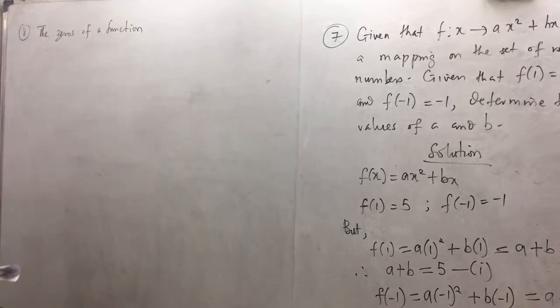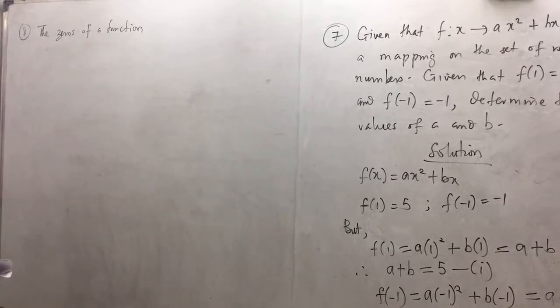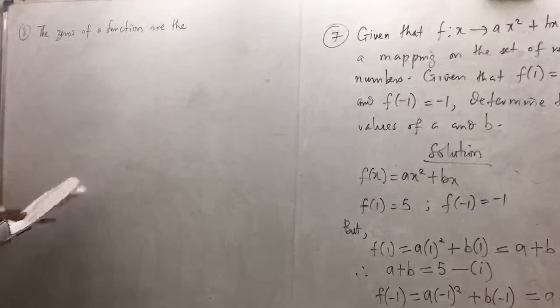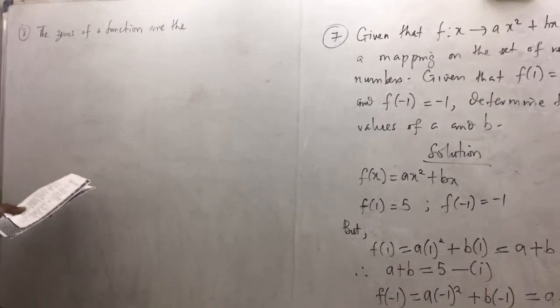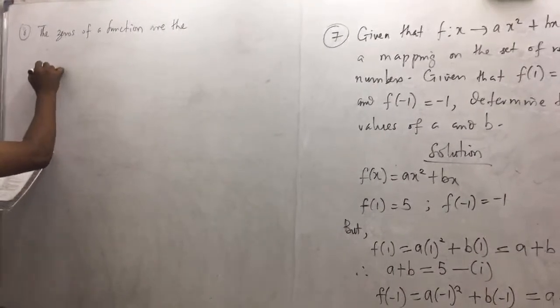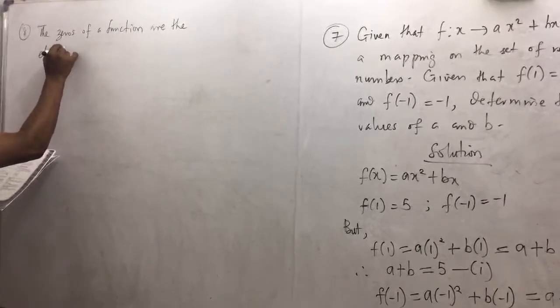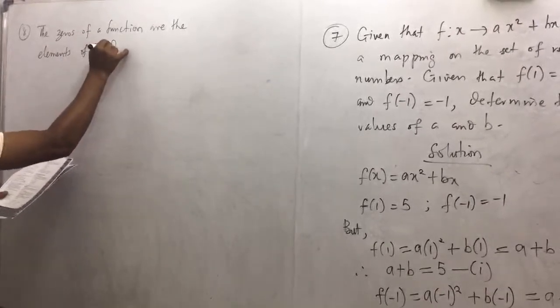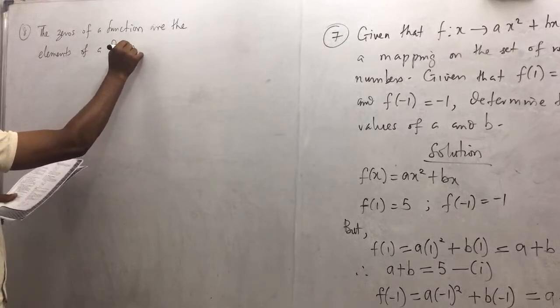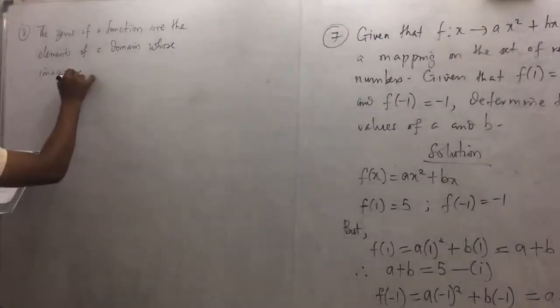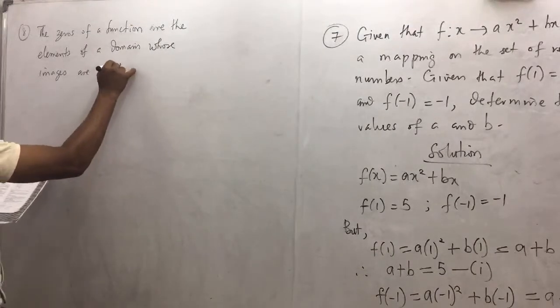So what is the zero of a function? Let's write. The zeros of a function are the elements of a domain whose images are equal to 0.